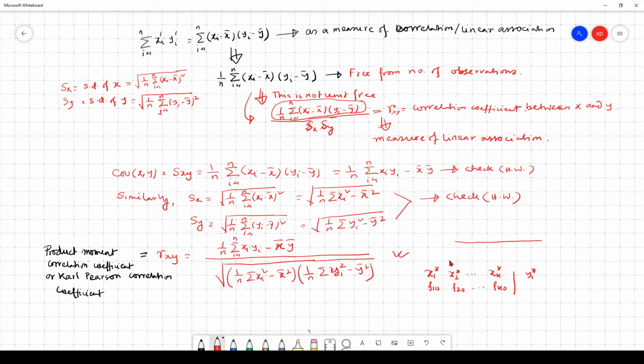And this is the mid value of the corresponding classes. Mid value means upper limit plus lower limit divided by 2 for the corresponding classes.